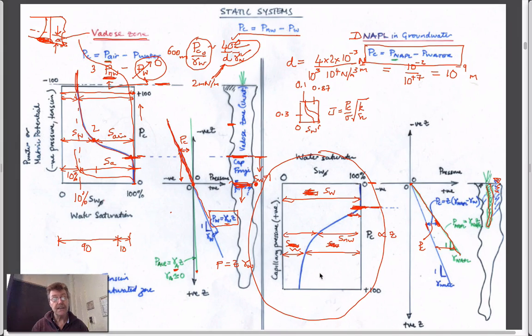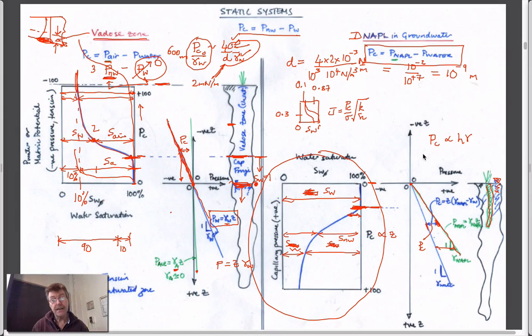The distribution of saturations either above the water table or below the water table, with another non-aqueous phase fluid invading it, is merely done by basically taking this figure and stretching it. And we can stretch it because we know that capillary pressures are proportional to heights times unit weights of fluids.